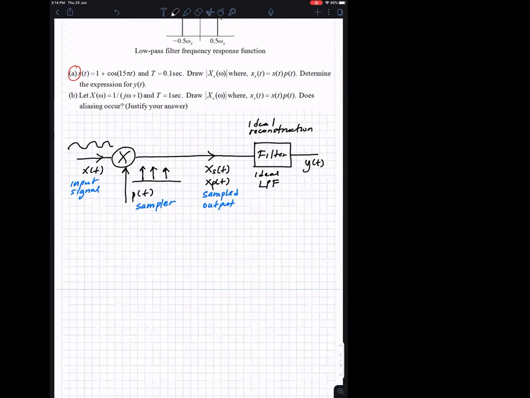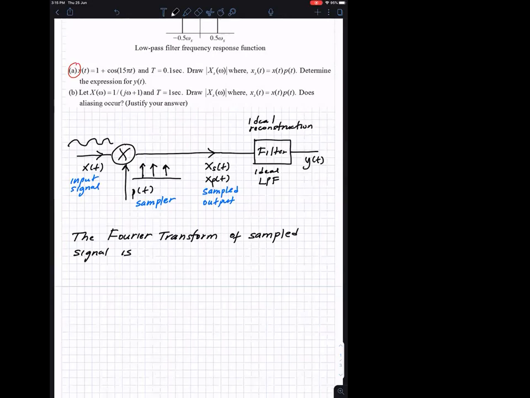So you don't have to know too much in this problem. You know from the last time, the Fourier transform of a sampled signal.